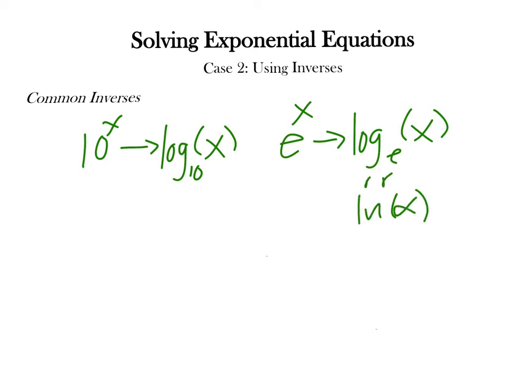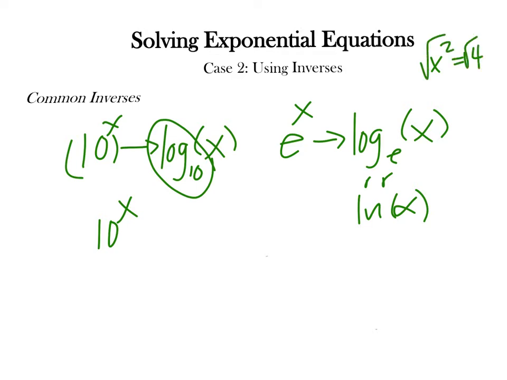Now, how is this helpful? Well, let's say that we have some problem. We can also do this with any number; I'll show you in a little bit. Let's say that we're doing 10 to the x. If I take the log, or the inverse, of this, kind of like when we did x squared equals 4 and took the square root of both sides, right?